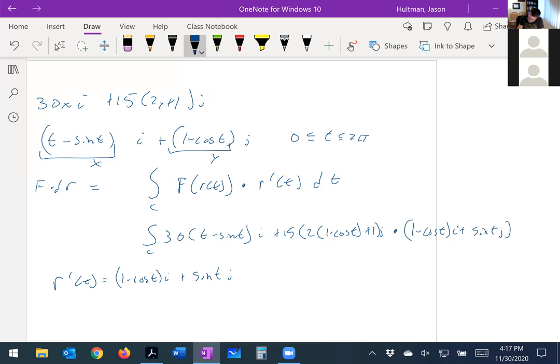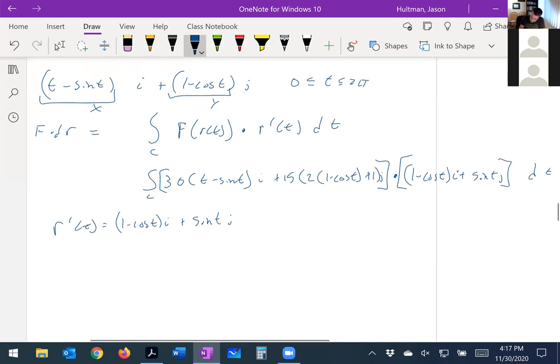Yep, sine t, and then that's just dt. We've got to dot this thing, though, right? So it's dotted with this guy, dotted with this thing. So we got to do x's with x's and y's with y's. And we already know what c is at this point.